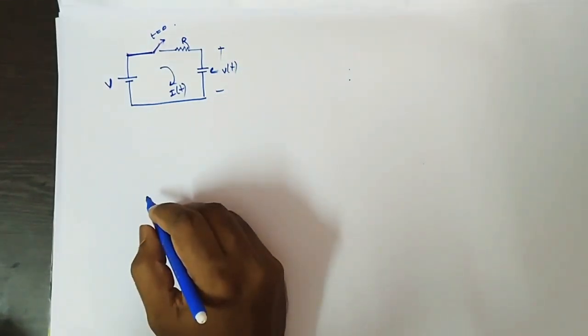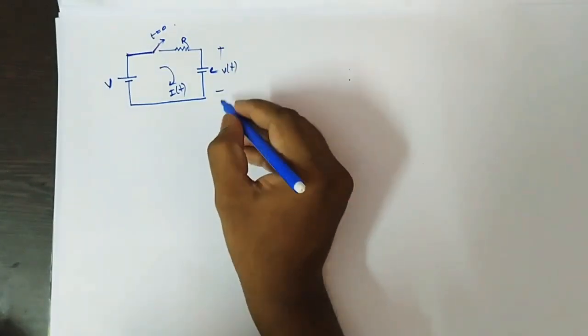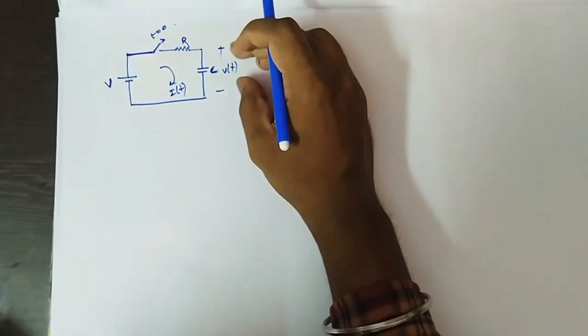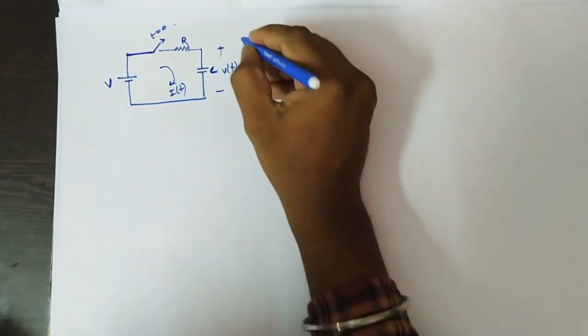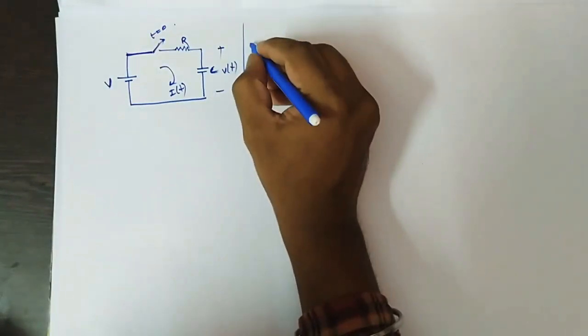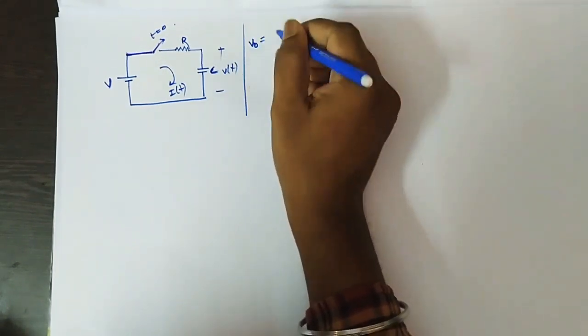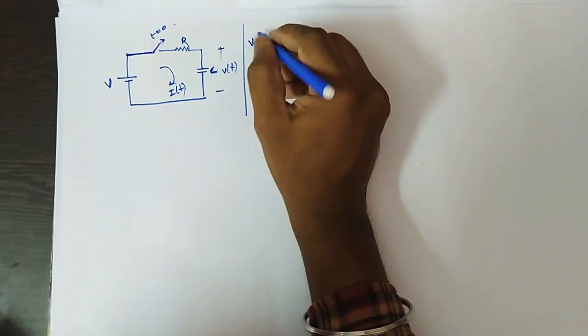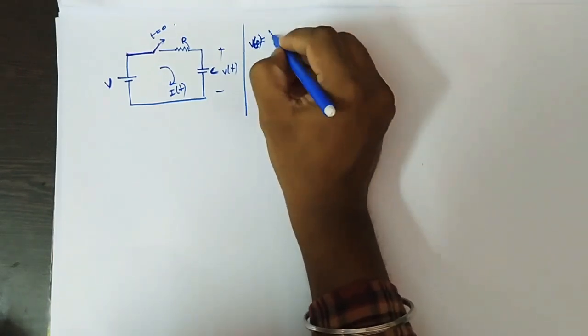Okay, so for this RC circuit, we want to take the voltage expression across the capacitor. Let us take the initial voltage v of 0 equal to V naught.